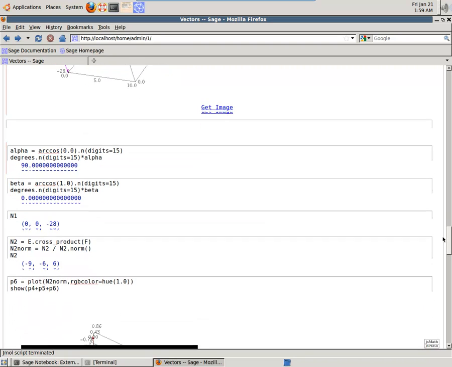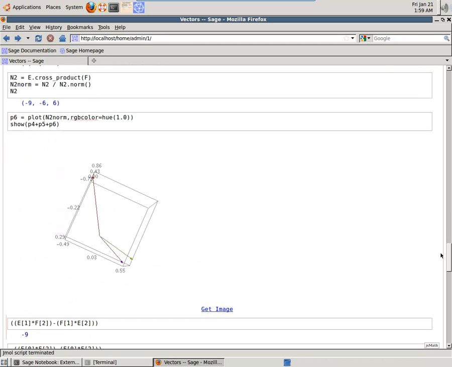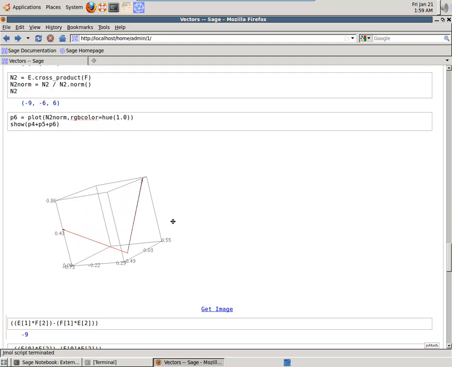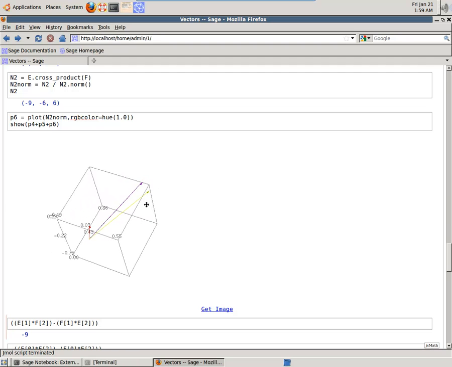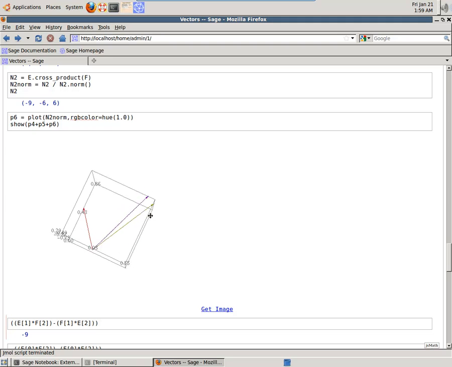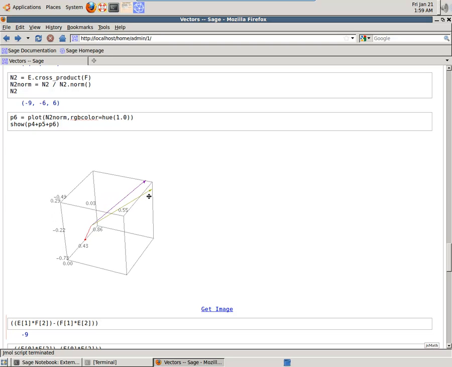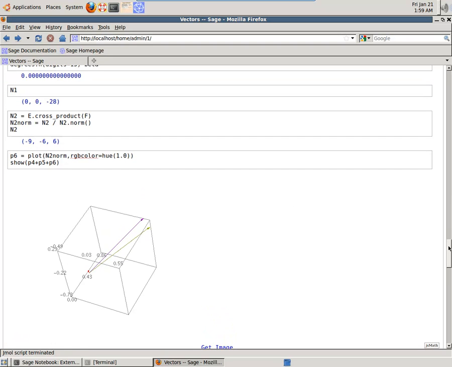And I'm going to make use of this other one here. And this is our E and F vectors we were using earlier that had such perfect numbers in them. So they had perfect magnitudes, values. So it made it easy and pretty to calculate.